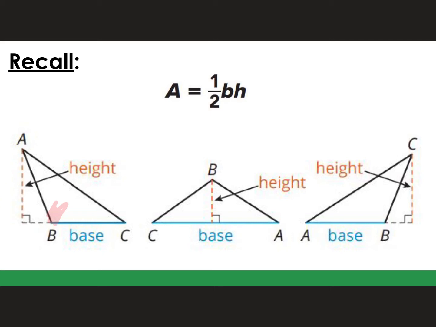For the second one, the height is inside and it forms this right angle right there. And for the third one, it is also outside and it forms the right angle on the outside of the triangle. And that's what we will use for the height.